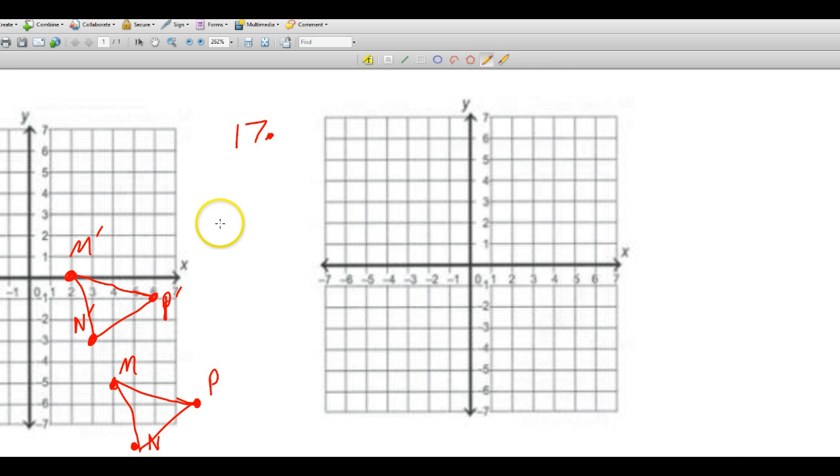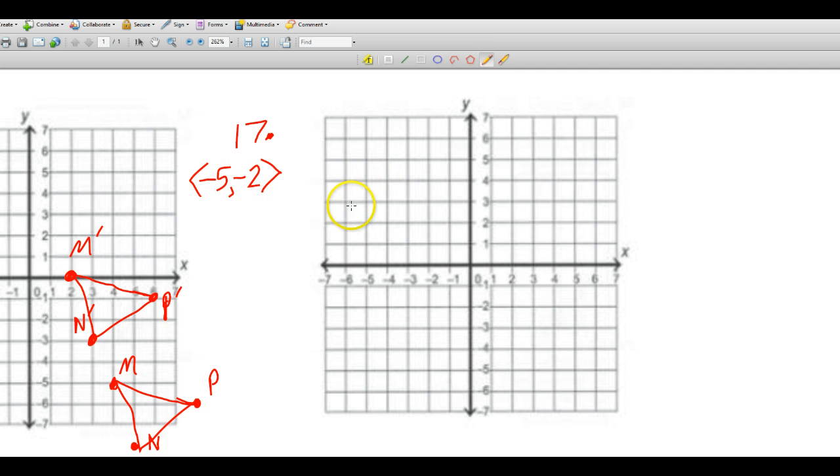For number 17, we have quadrilateral FGHJ, and we are translating with the vector of -5, -2. So left 5 and down 2.